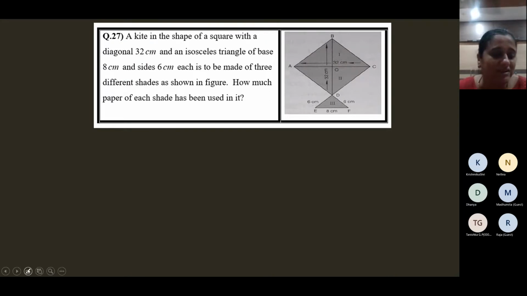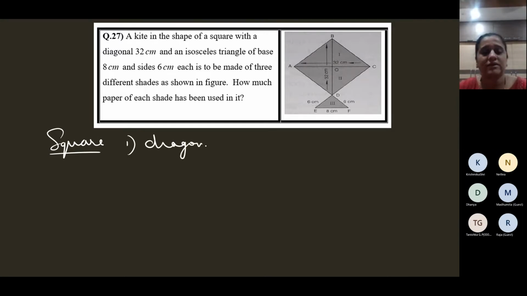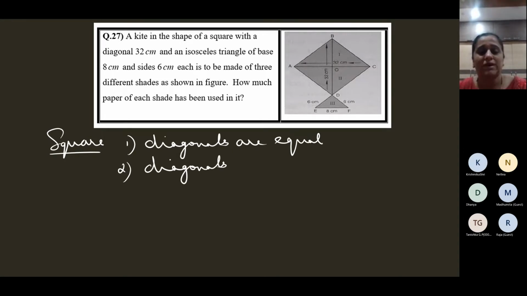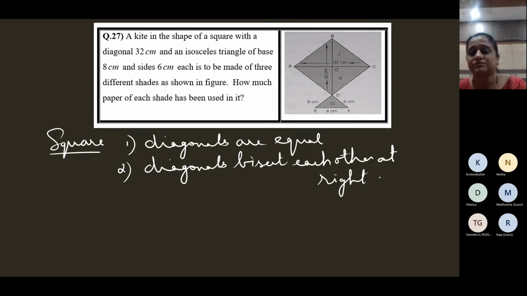In a square, the diagonals are equal. Then diagonals bisect each other at right angles.